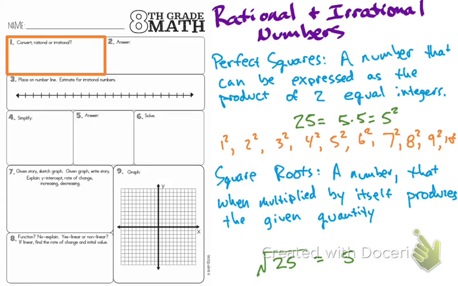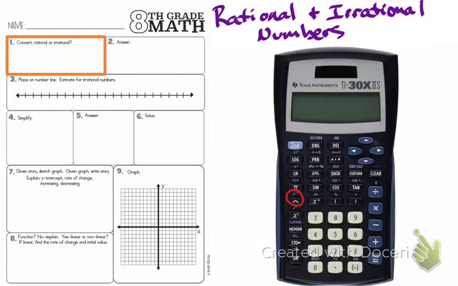So square roots and perfect squares relate to each other. Knowing our perfect squares is helpful because when you're asked to find the square root of 49, for example, you're going to know that that's a perfect square, which will also tell us that that number is rational. And we'll talk about that in just a moment. All perfect squares are going to be rational numbers.